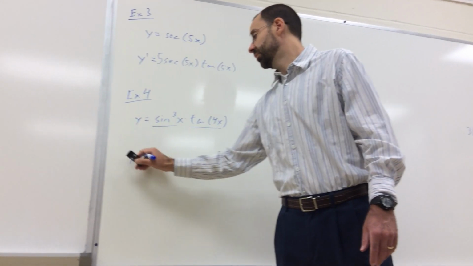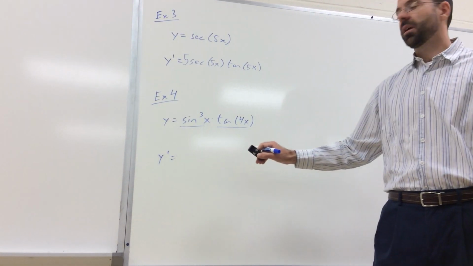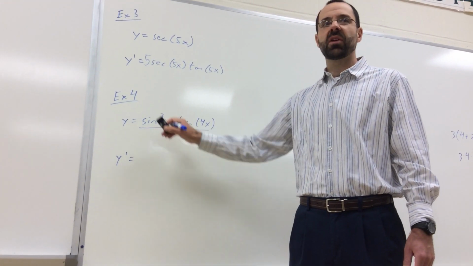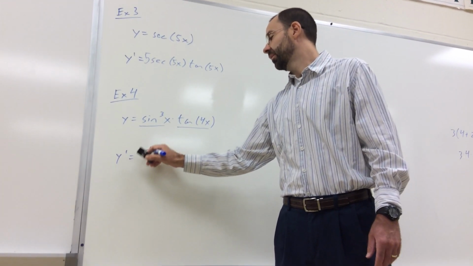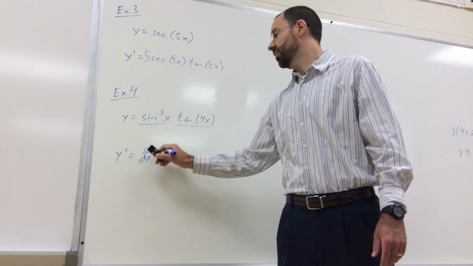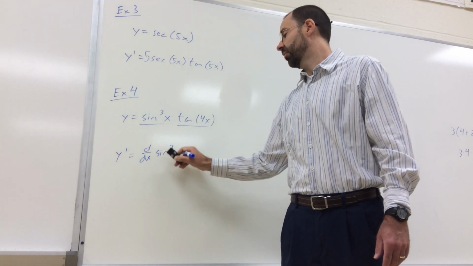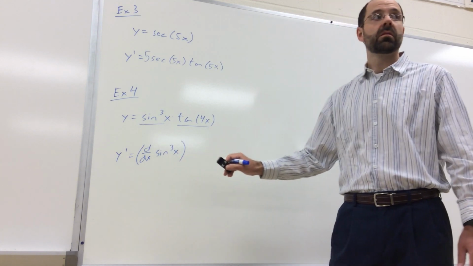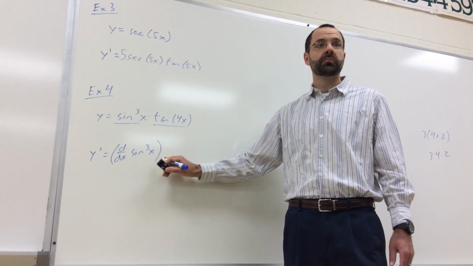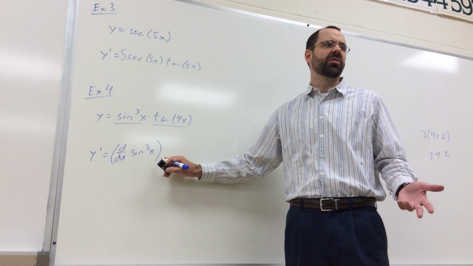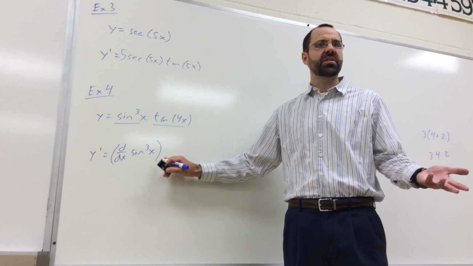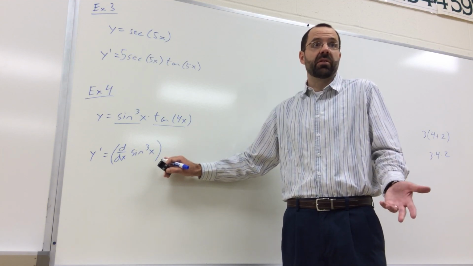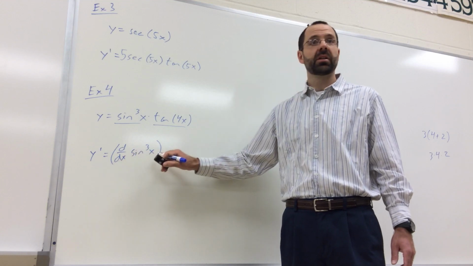Okay, so you have to take the derivative of the first thing, and I don't want to think about that right now, so I'm just going to write it down: the derivative of the first thing. Normally when I do product rule, during this step I actually figure out the derivative of the first thing and write it down.